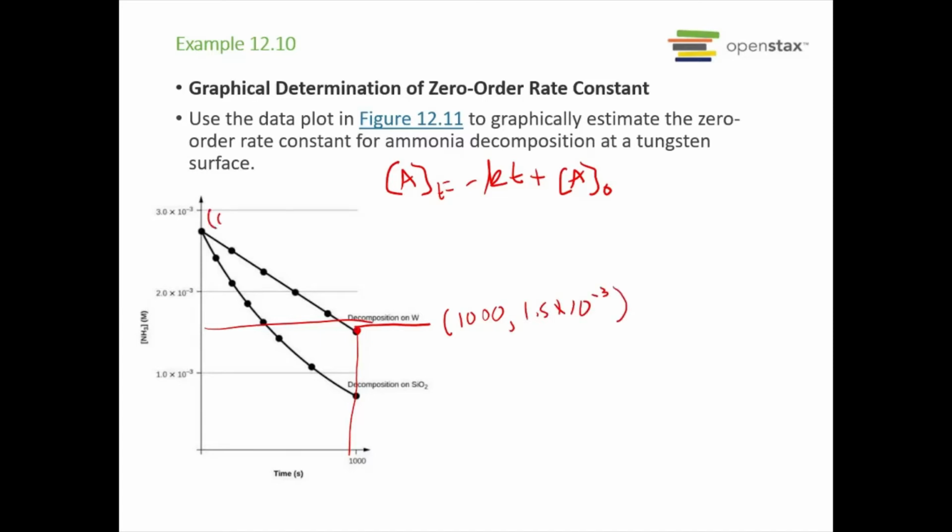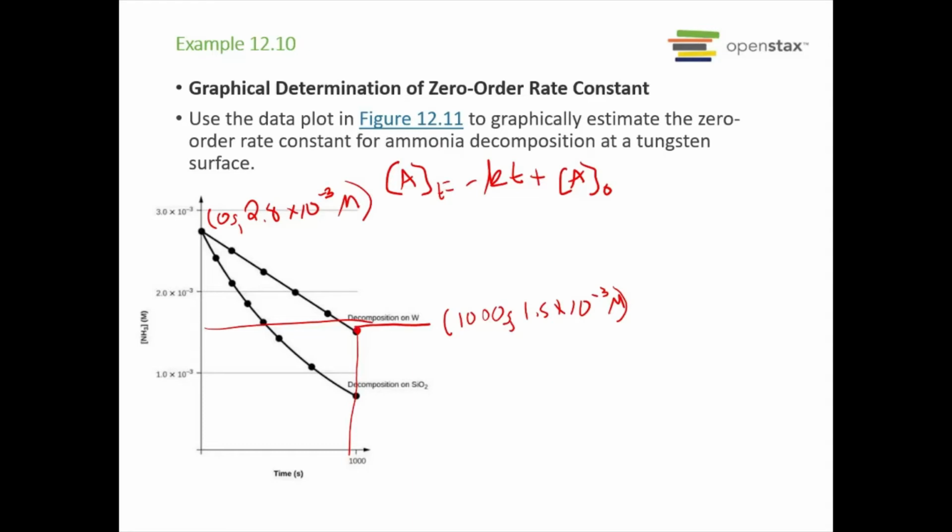And then here we have time 0, and that's about 2.8 times 10 to the negative third molar. Okay, so there's our coordinates that we're going to use to get our slope.